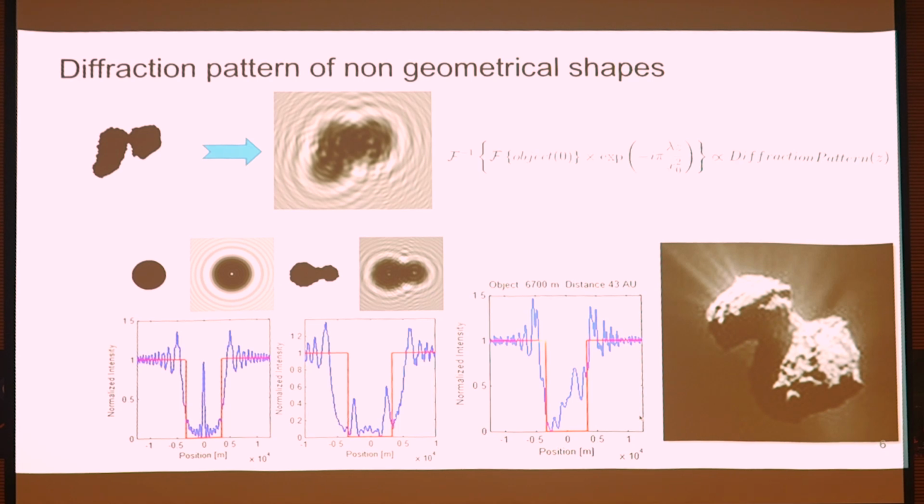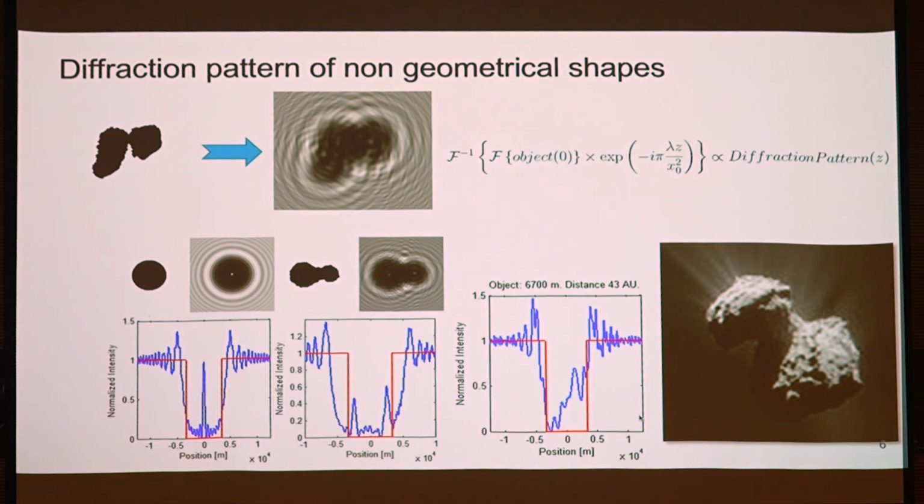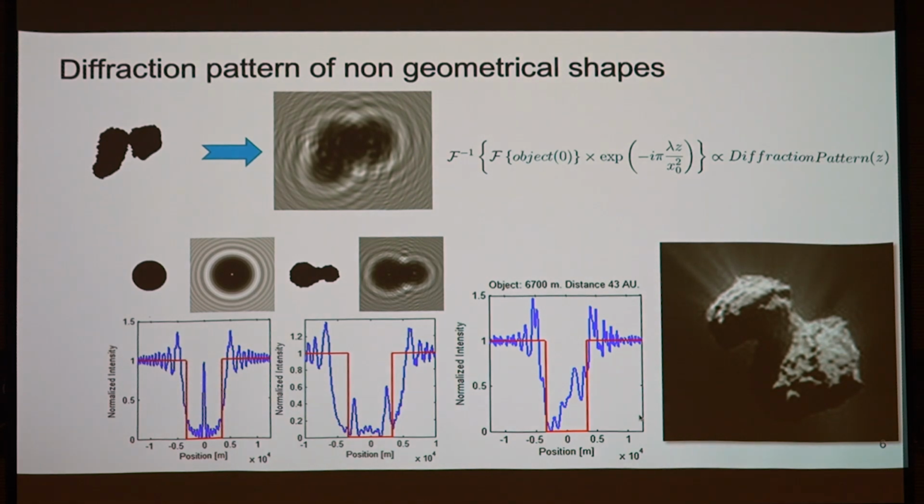These red lines are the real size of the object without taking into account the diffraction profile. So the question is, these are profiles. These are not real light curves. We still have to sample them. So you need to have a very high cadence to get these features.